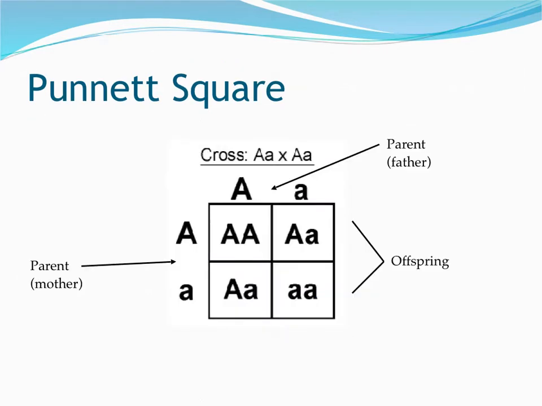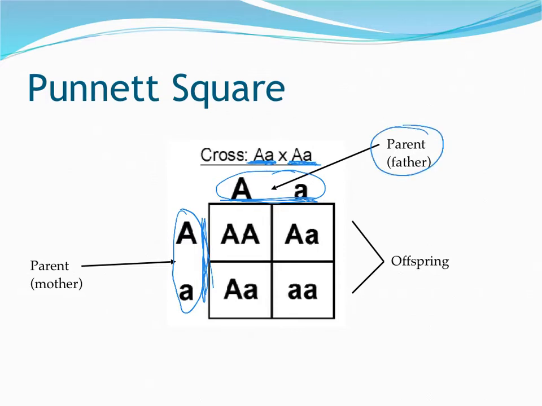It doesn't matter which parent you put on the horizontal side or the vertical side, but to stay consistent, I'm always going to write the first one listed in the horizontal spot, and the second genotype listed in the vertical spot. So in this case, this is the father.